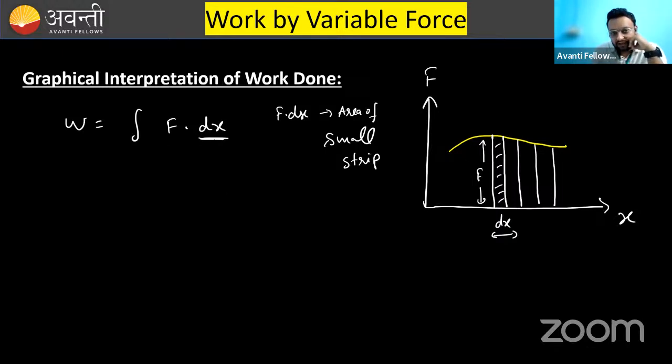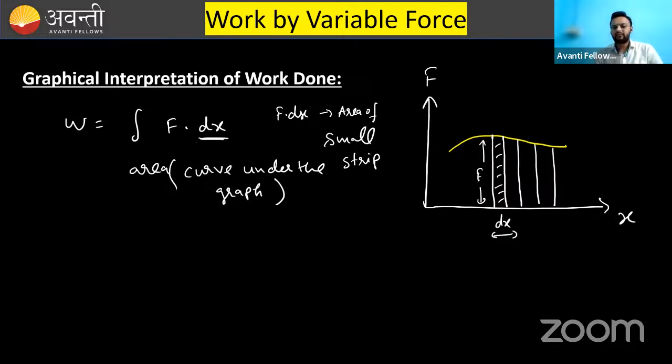So integration F dot dx is the area under the curve of the graph. This is what F dot dx means. So whenever we are asked to calculate the work done from a graph, we need to calculate the area under the graph.